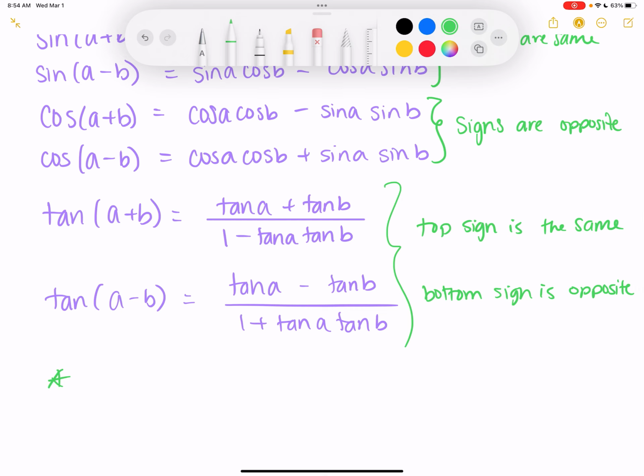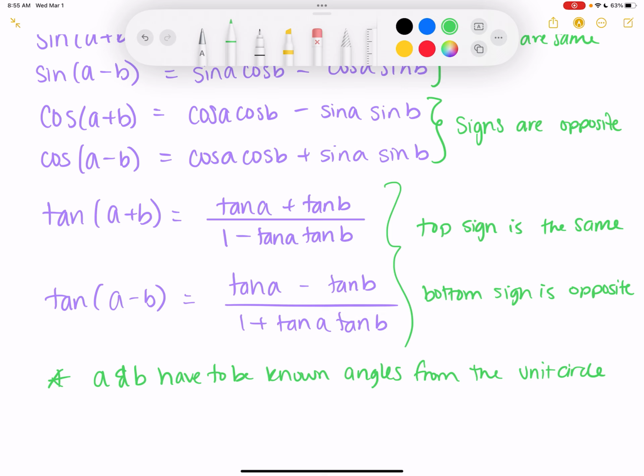And again, I'll reiterate that A and B have to be known angles from the unit circle. Now, sometimes there will be the reverse of a problem where it will give you the right side, and you have to go back to the left, which is significantly easier.